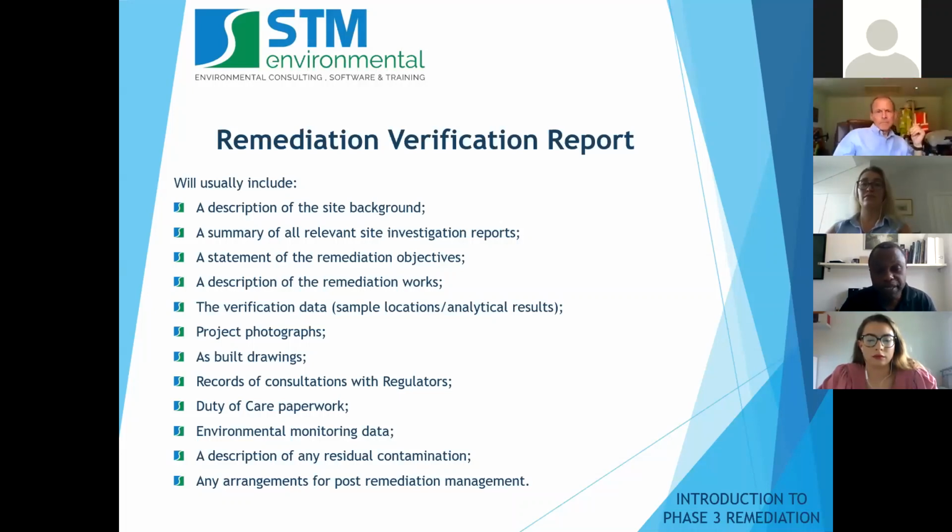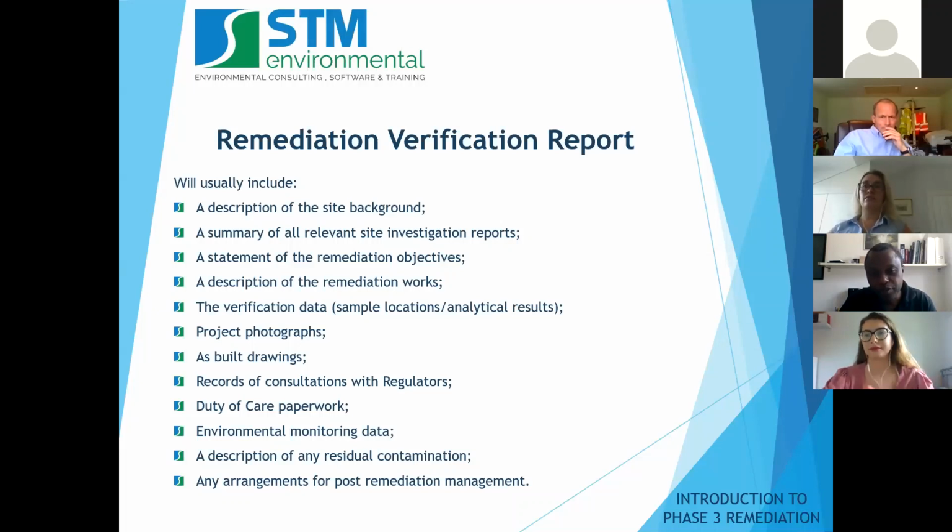Any soil sampling certificates. One of the things people do a lot when they import clean soil onto a site is put it down, maybe get a certificate from the supplier saying it's clean, and they just go with that, and then later find out actually it was contaminated, that clean soil they bought in. So you need to do your own testing. Don't just trust the supplier.